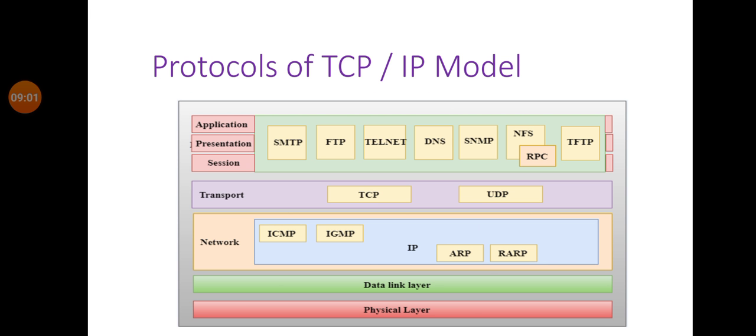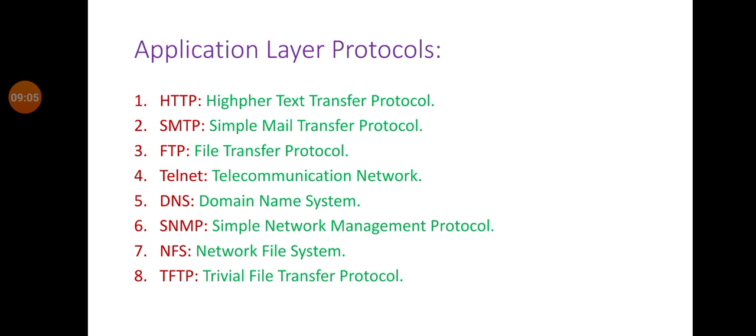The second protocol used by the application layer is SMTP, the Simple Mail Transfer Protocol. It provides the basic email facilities and a mechanism for transferring messages among separate hosts.